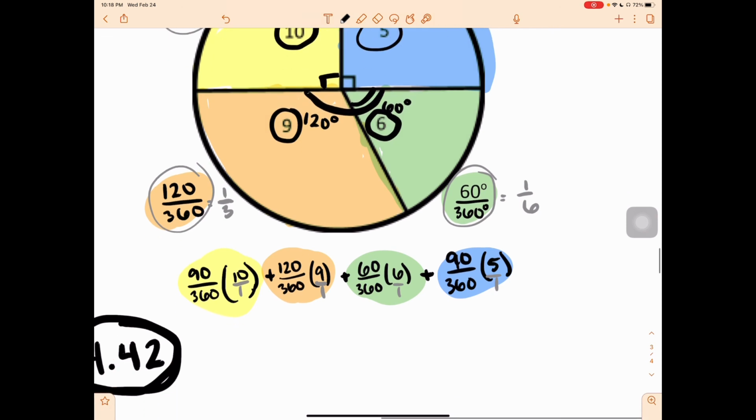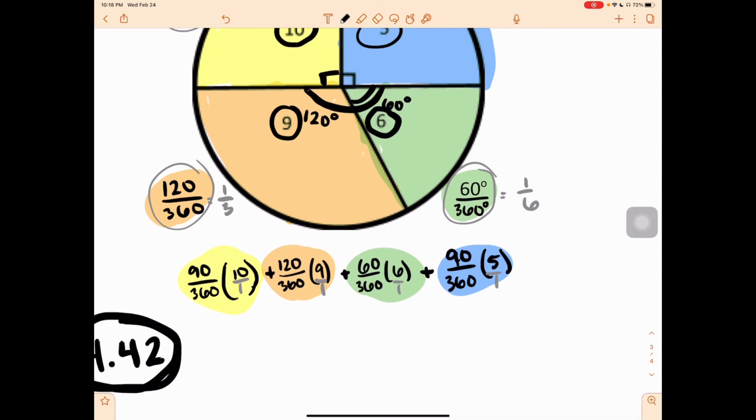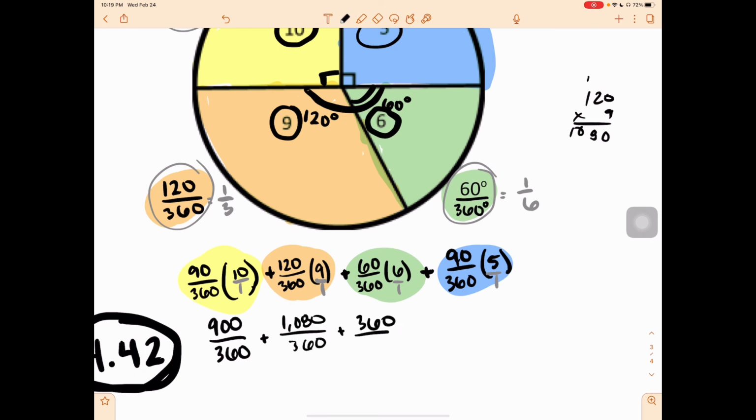So this yellow portion here will give me 90 times 10 is 900 over 360. 120 times 9, I couldn't do it in my head. I'm horrible at doing multiplication in my head. What kind of math teacher am I? 1080 over 360 plus 360 over 360, so I'm just multiplying across here, plus 450 over 360.